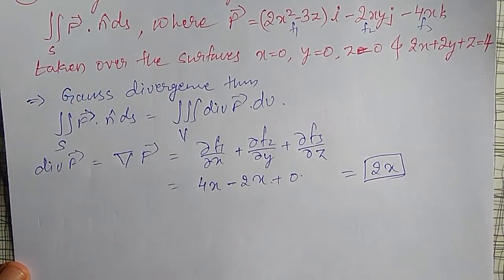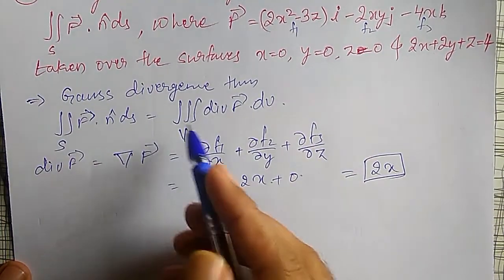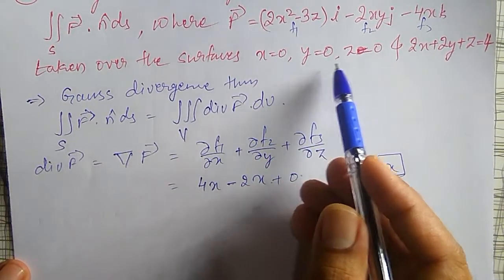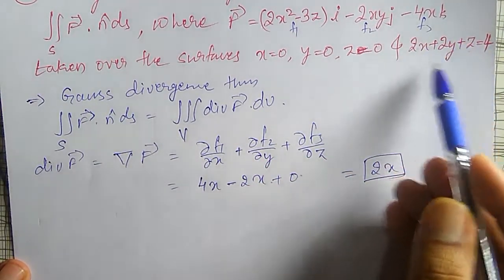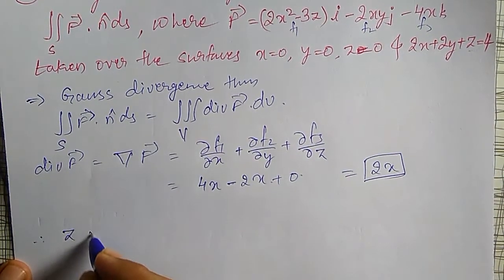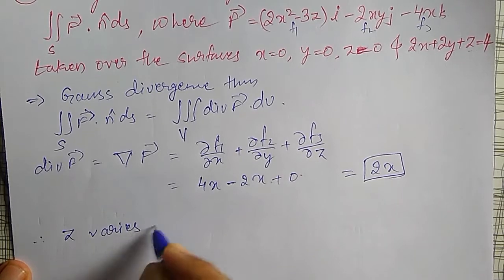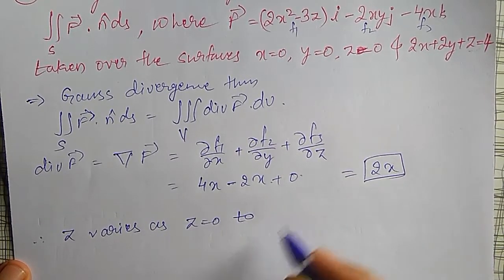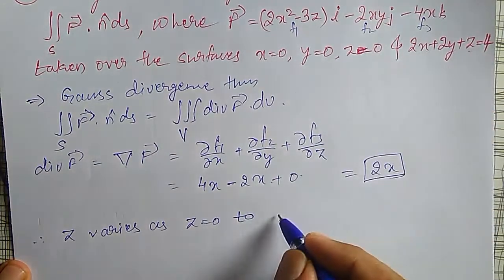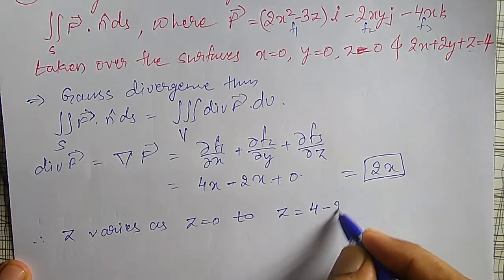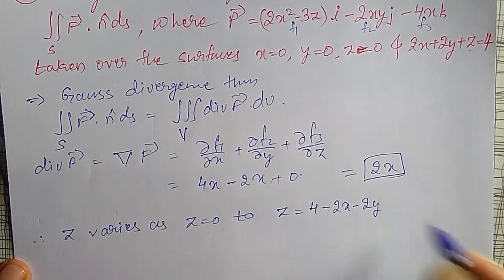Okay, here this volume is closed by x equal to 0, y equal to 0, z equal to 0, and this one. Therefore z varies from z equal to 0 to z equal to 4 minus 2x minus 2y.